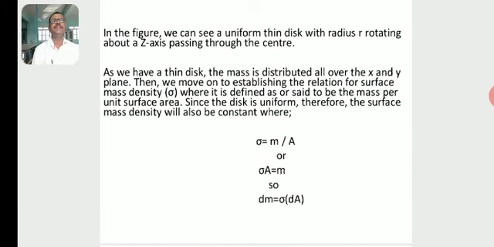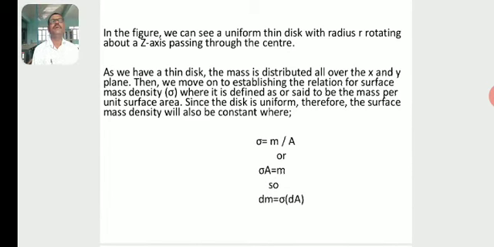In the figure we can see a uniform thin disk with radius R rotating about the z-axis passing through the center, the axis perpendicular to the plane of the disk. As we have a thin disk, the mass is distributed all over the x and y plane.